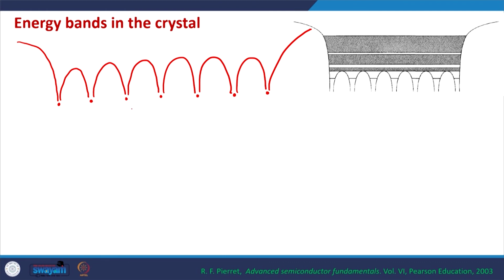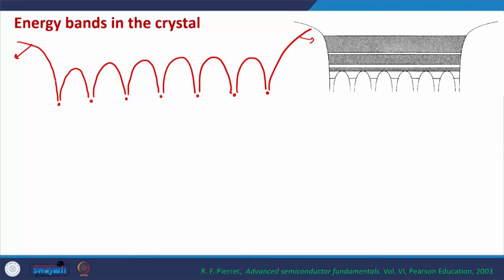So, this is what we started with. These are the ends of the solid, and by making an approximation using the KP model, we solved the Schrodinger equation and we saw that there are certain energy values which the electron can take and certain other energy values which the electron cannot take.